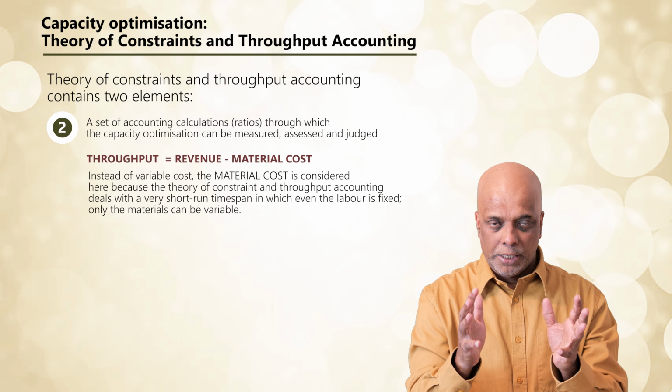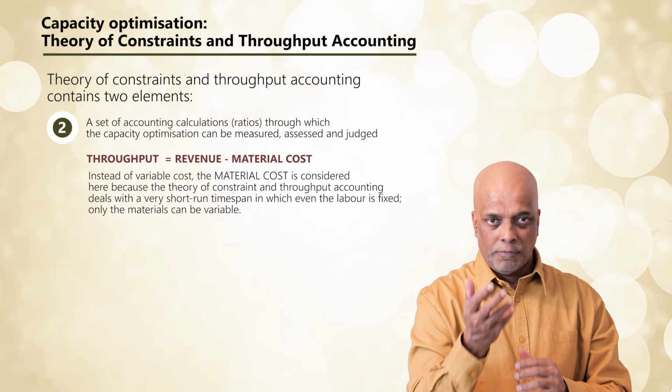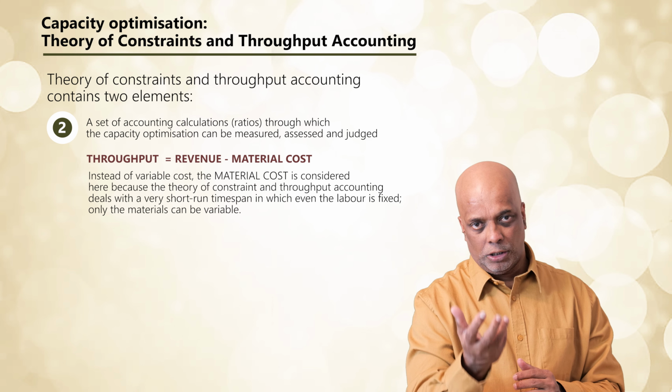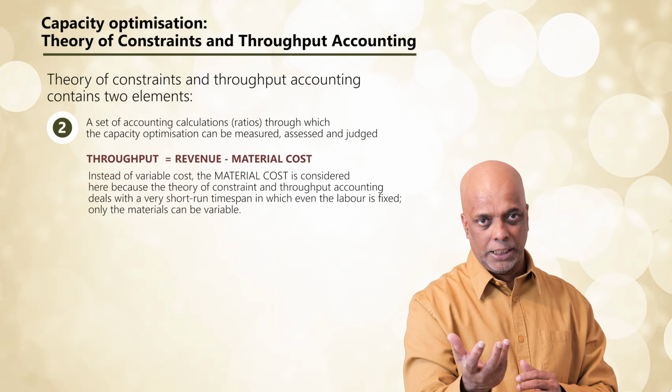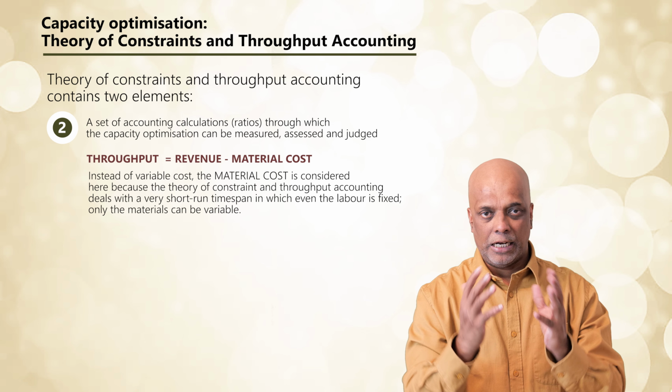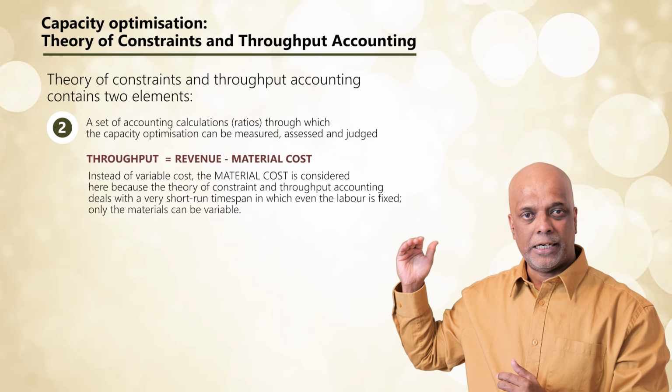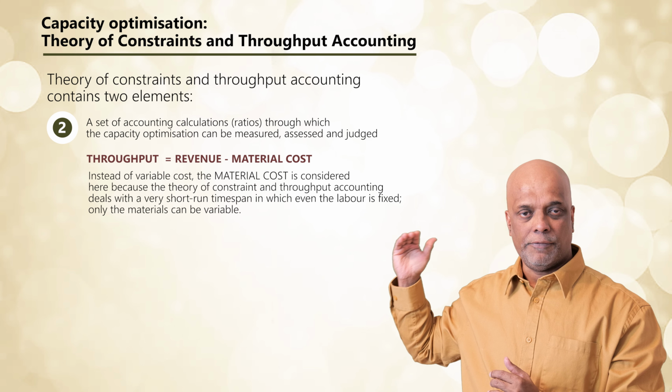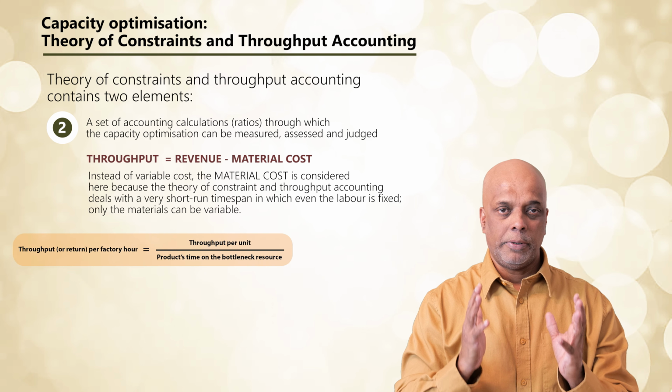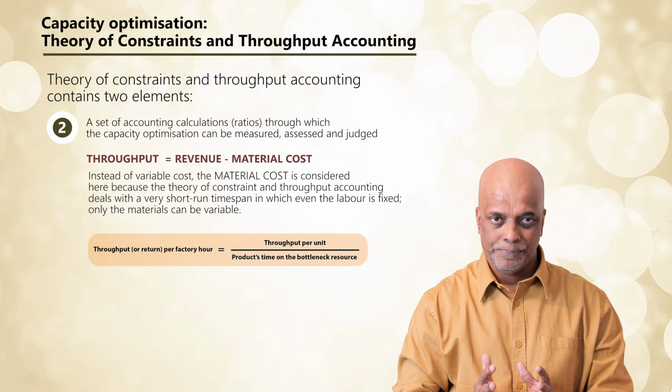Then once you calculate the throughput of a particular bottleneck or a particular process or a unit, we can calculate 3 interrelated ratios. The first one is called throughput per factory hour.